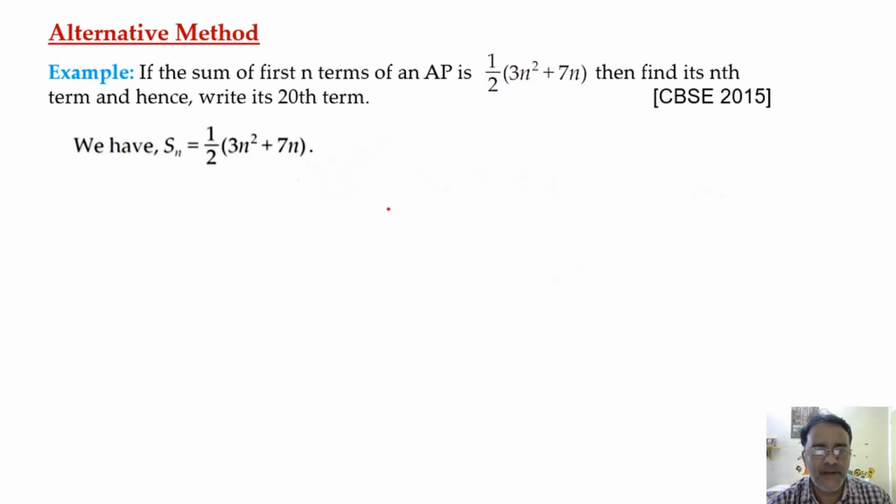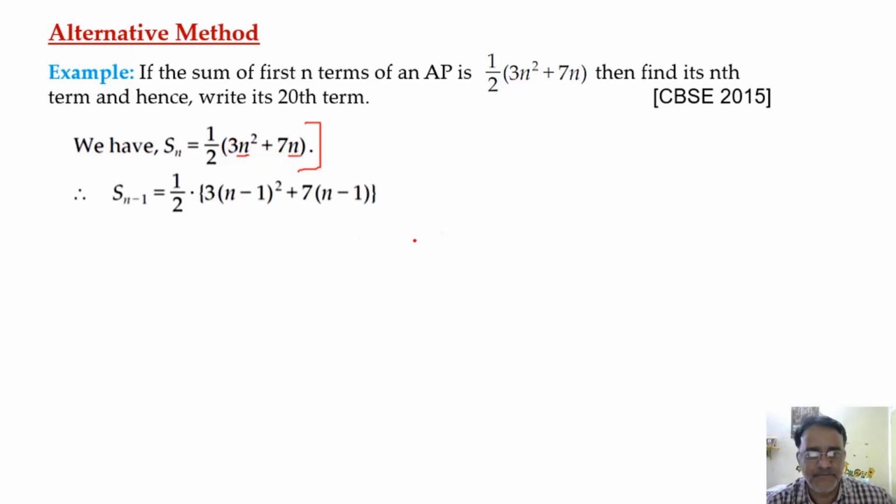Look, first Sn is given, this one, and how will you find S(n minus 1)? By simply substituting the value of n as n minus 1. In place of n you just have to write n minus 1. Now open this bracket. If you open and simplify, you will get 3n square plus n minus 4.